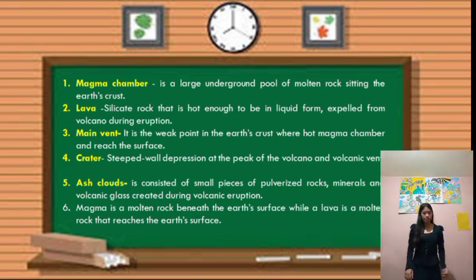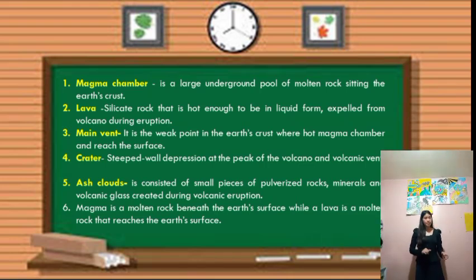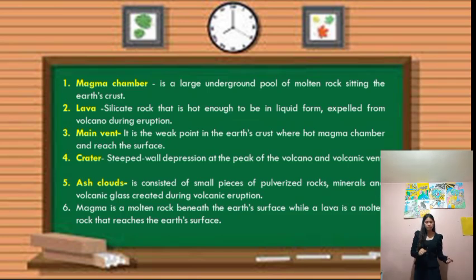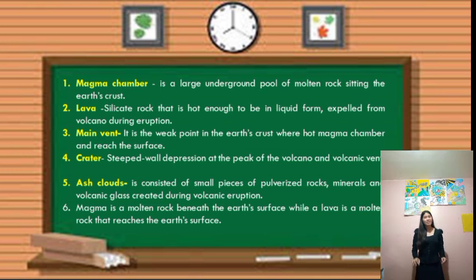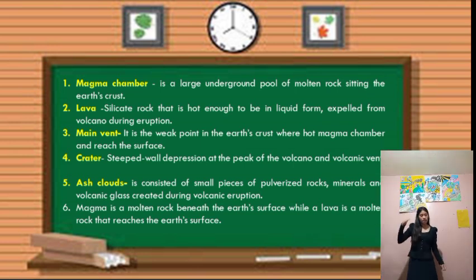Now let's proceed to the crater. Everybody please read. Thank you. So when we say crater, it is the steep-walled depression on the peak of the volcano and volcanic vent. So as you can see in volcano pictures, at the top of it is the crater.